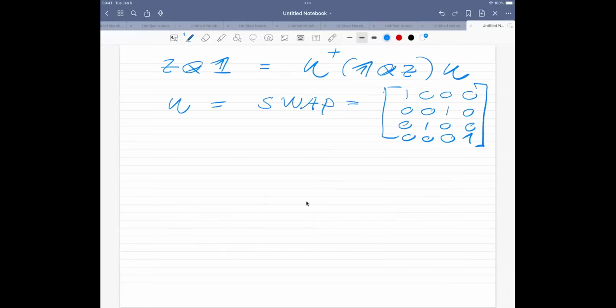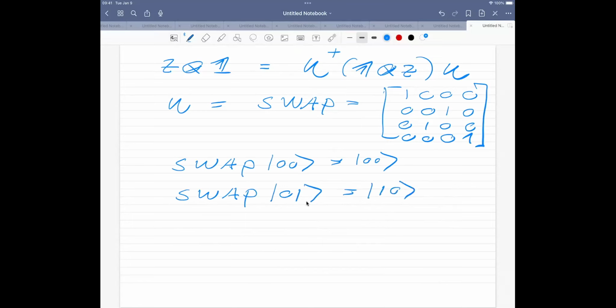This matrix is very interesting because this is used to entangle states. And you can see that because it swaps states. If I act with the swap matrix on the state 0, 0, I just get back 0, 0, so nothing happens. If I act on the state 0, 1, I swap bits.